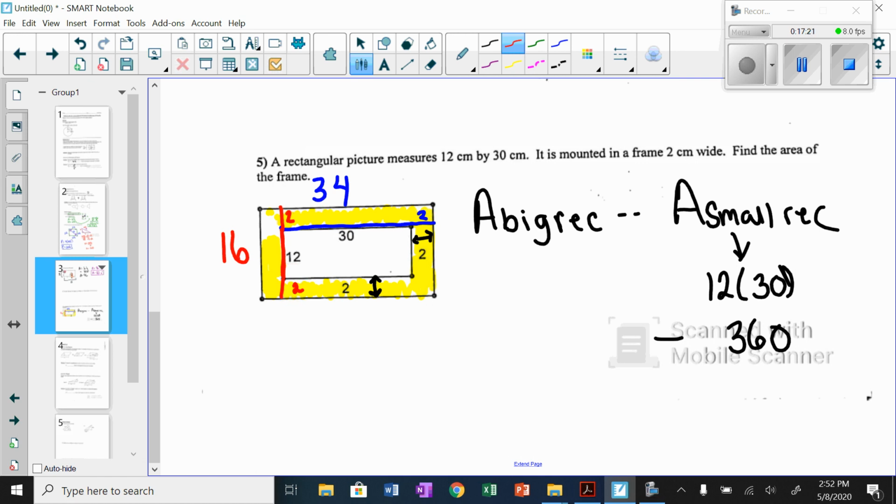So the area of the big rectangle is going to be 34 times 16, which is going to give us 544. Now we're going to subtract these two areas. And we're going to get an area of 184 centimeters squared.